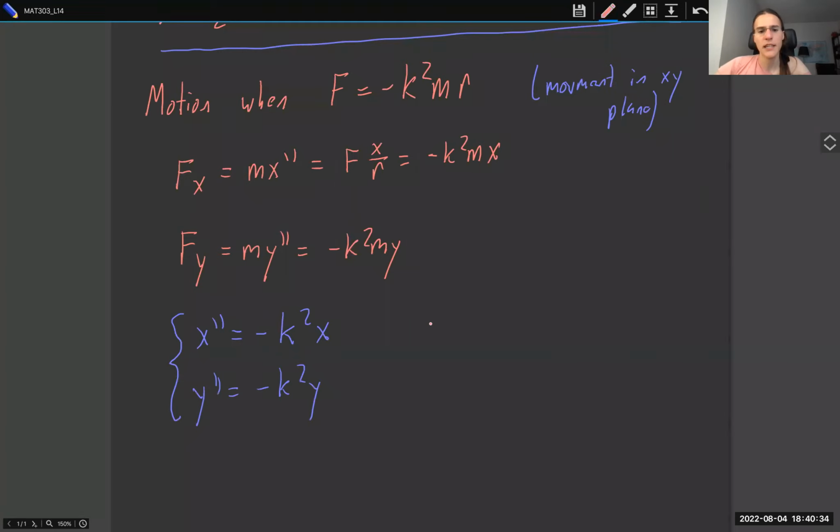So what we get is basically the characteristic equation lambda squared plus k squared, which gives us roots plus or minus k i.